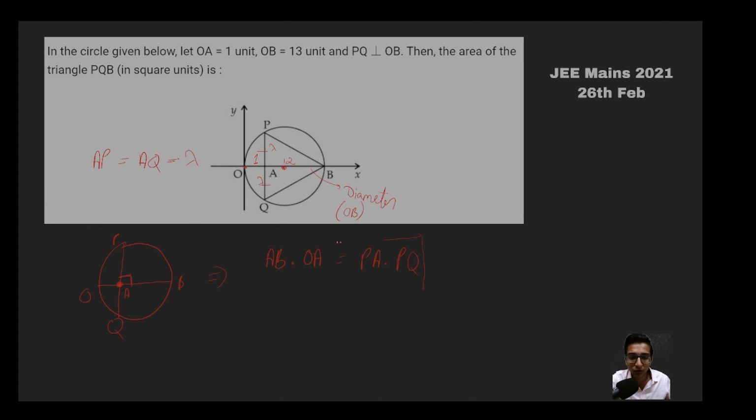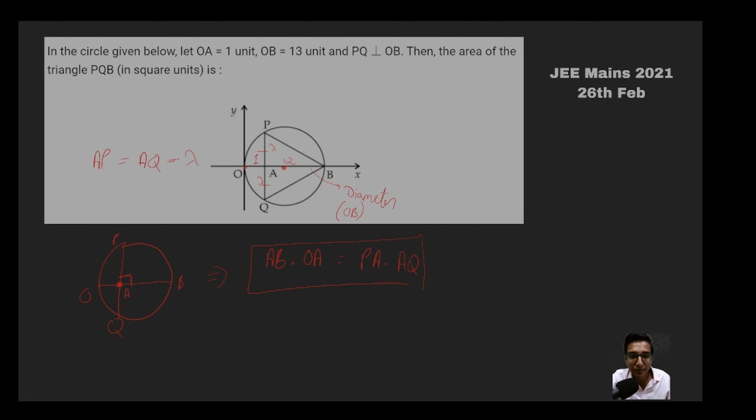So that is exactly what we've written. So for one line, AB into AO is equal to AP into AQ. Sorry, this wouldn't be PQ, this would be AQ. So now we've assumed that our AP and AQ are lambda. So let us put those values and find out the value of lambda.